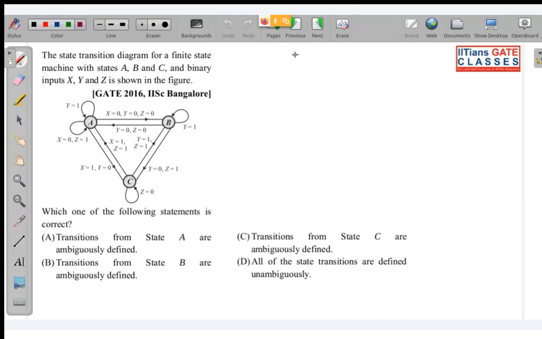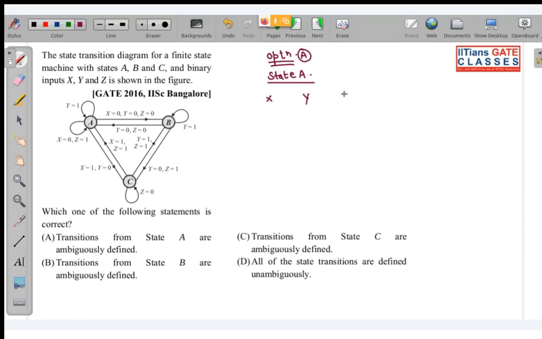See what I do. So first I am checking for option A. Option A states that transitions from A are ambiguously defined. So I will write over here that for state A, I am checking the transitions.